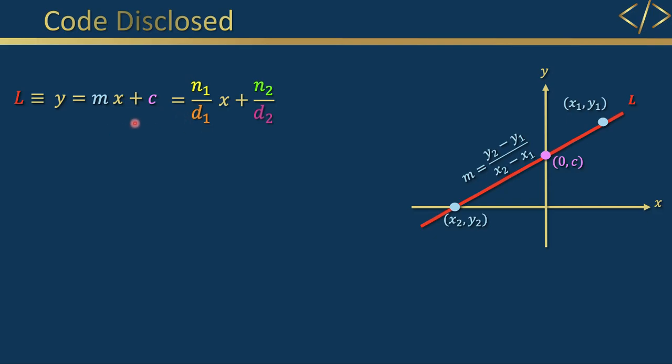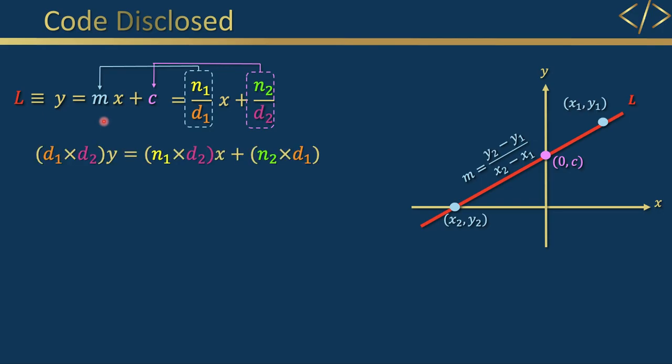Alright, so first of all, we can write y equals mx plus c in this form. What we have done here is that we wrote m as a fraction, n1 over d1, so we have a numerator 1 and denominator 1. And we have written the intercept also as a fraction, n2 over d2.